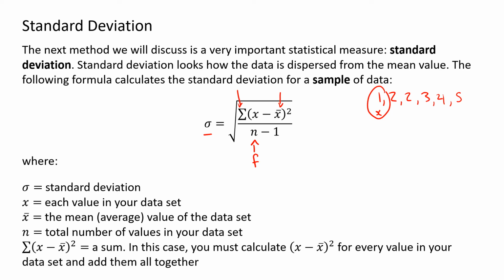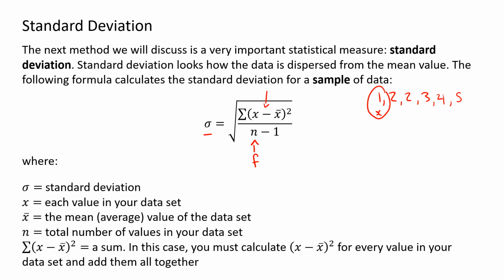So you'll see when I do an example that it is a lot of math. Usually it's easier to do it in table form. But what it does is look at this x minus x bar term, how far away a value is compared to the mean value.